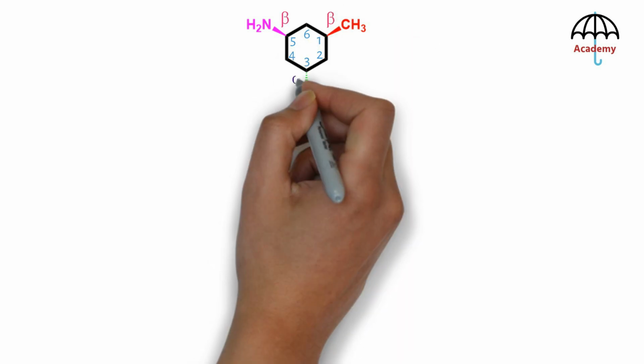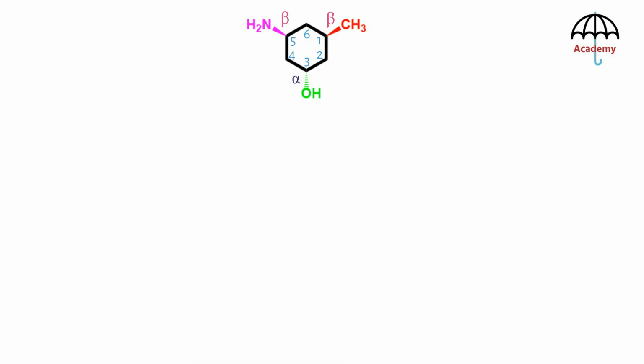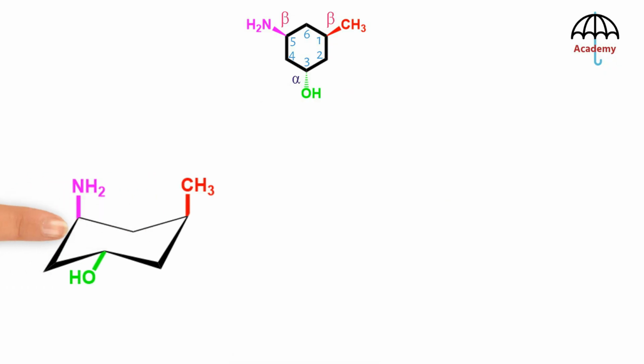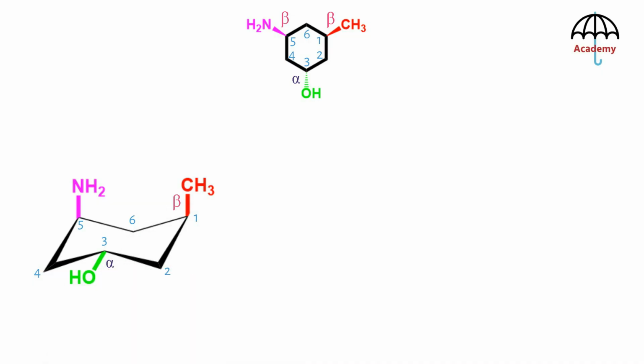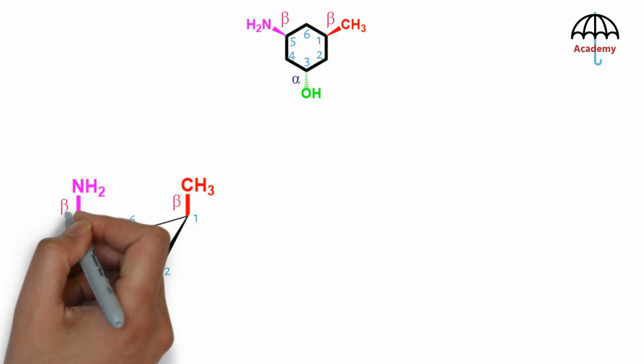Hydroxyl group is alpha. The chair conformation can be drawn like this. Numbering starts from the carbon-bearing methyl group. Methyl is axial up, means beta. Hydroxyl is equatorial down, means alpha. Amino group is axial up, means beta.